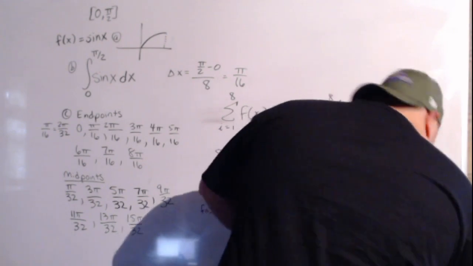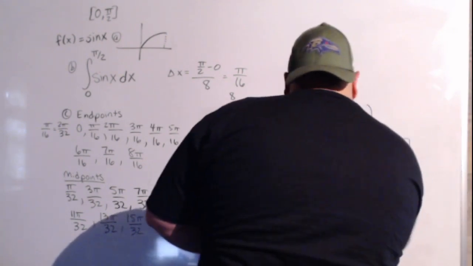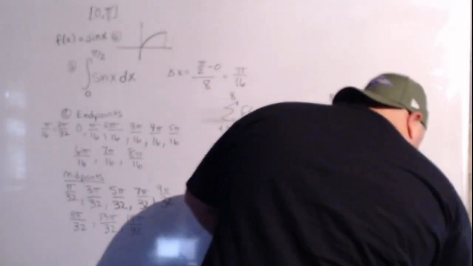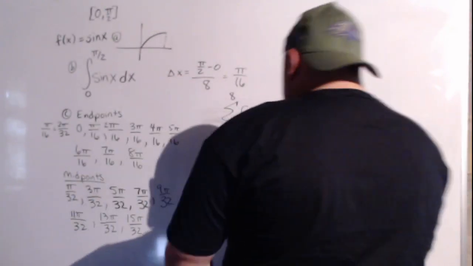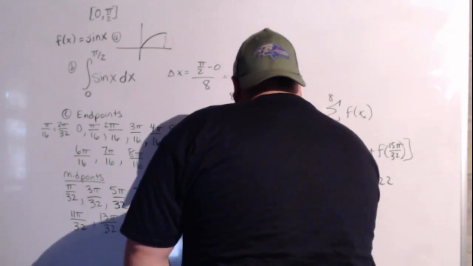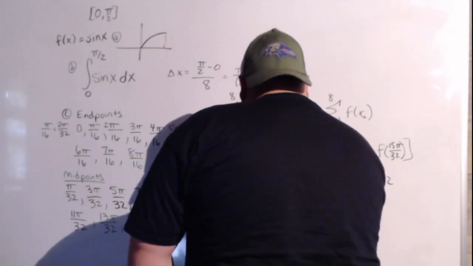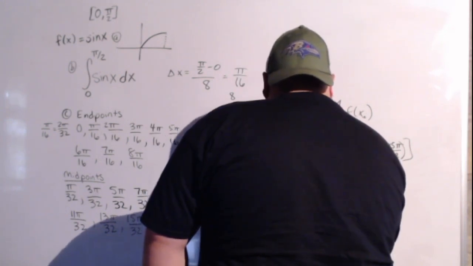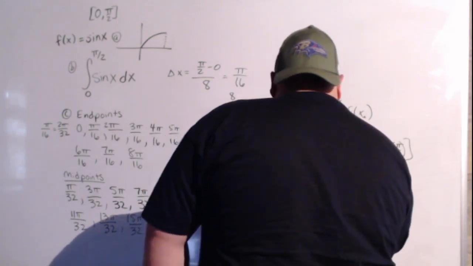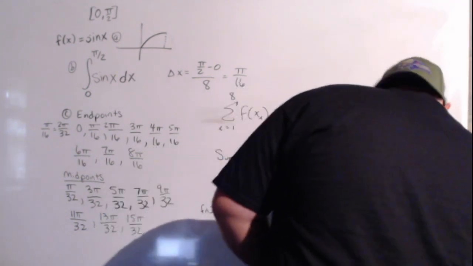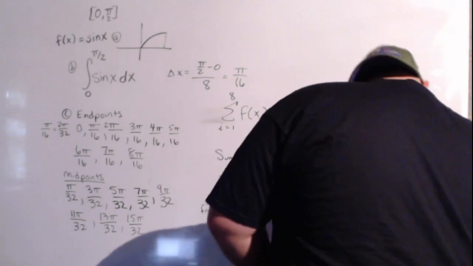And then down here, instead of taking the square roots in my sum, I am now taking the sine. So this is sine pi over 32 and sine 3 pi over 32 plus all the way to the end of 15 pi over 32.